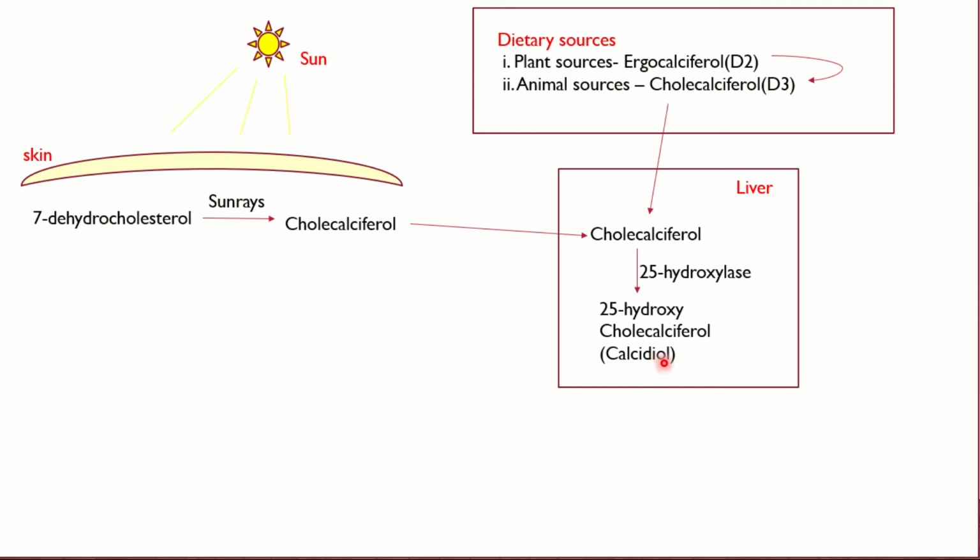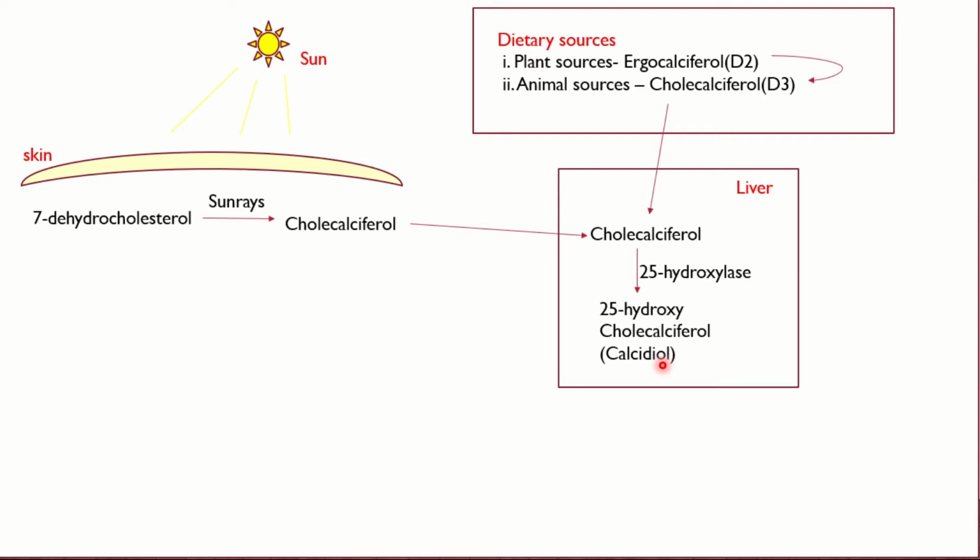Why diol? Because there is one hydroxy group at carbon number 25 and there is already an existing hydroxy group in the structure of cholecalciferol. So 2 hydroxy groups means calcidiol. This is still inactive or very less potent, so it needs to be further activated.